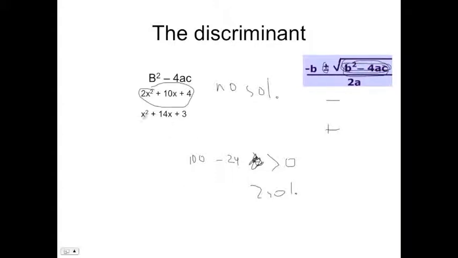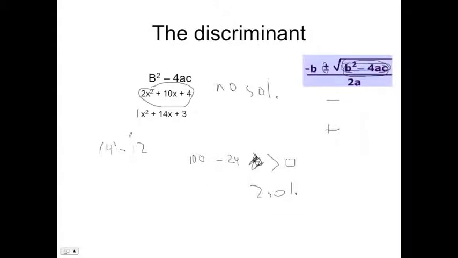Okay, this is 1x, so a is 1 and c is 3. So b squared, 14 squared, minus 4ac, which is 3 times 1 is 3, times 4 is 12.